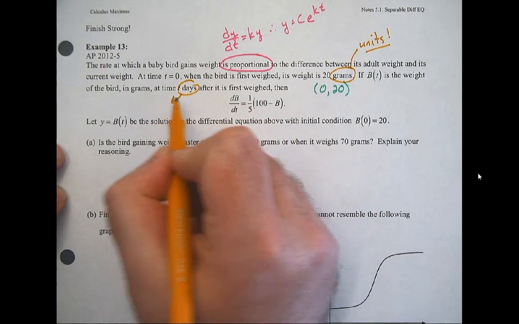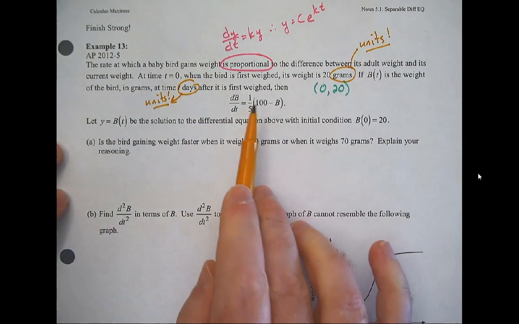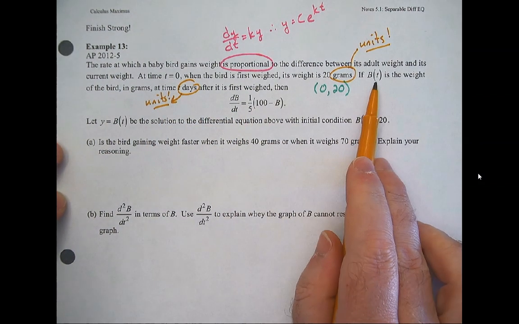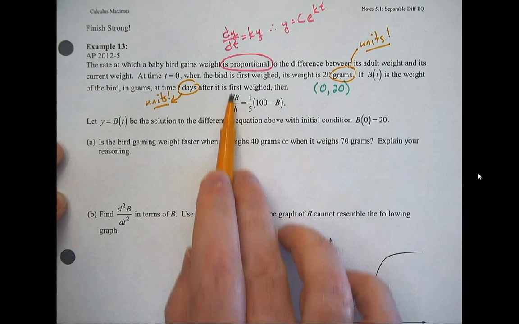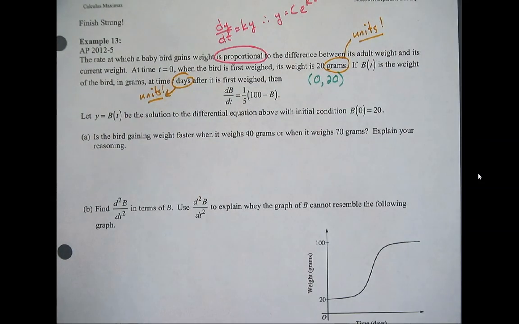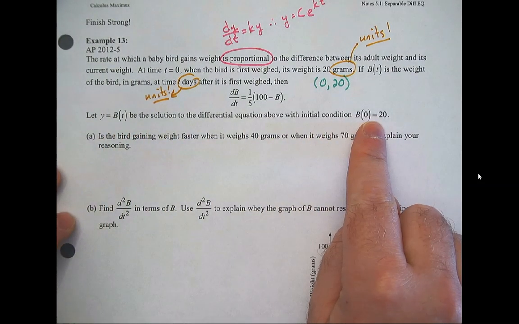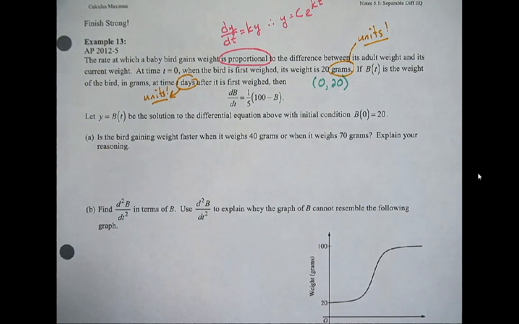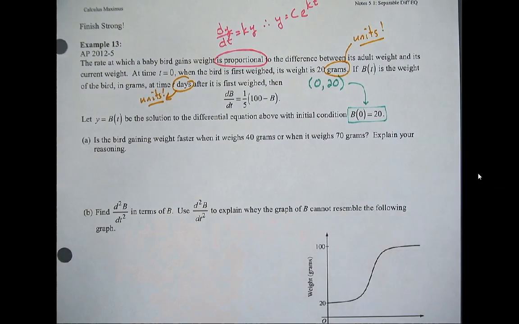So here's my other units. If B of t is the weight of the bird in grams, then this is how the bird's weight changes. Let y equals B of t be the solution with the initial condition. Oh, that's the same thing. They wrote it down for us.